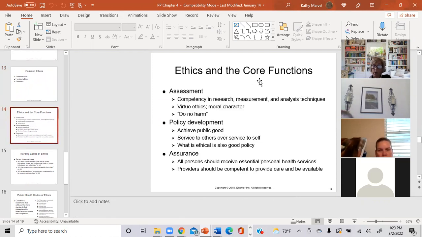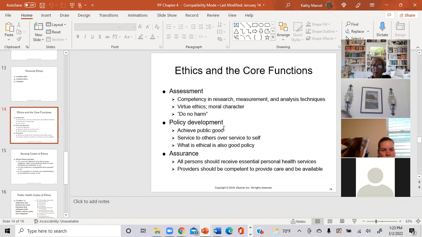Ethics and core functions. These are the three core functions. Forget ethics here. The three core functions of public health for nursing are assessment, policy development, and assurance. And then when you add ethics into looking at these core functions, what do we add? In the assessment, we add the virtue ethics. What is your moral character? Do no harm.